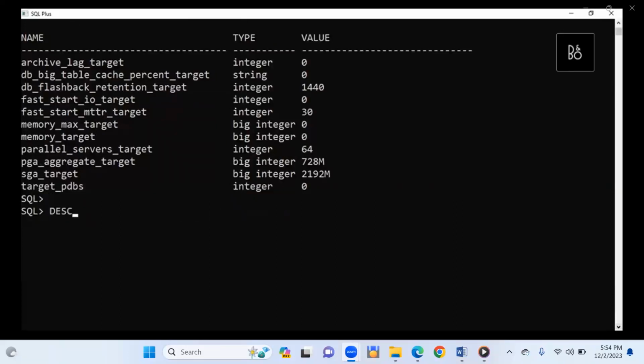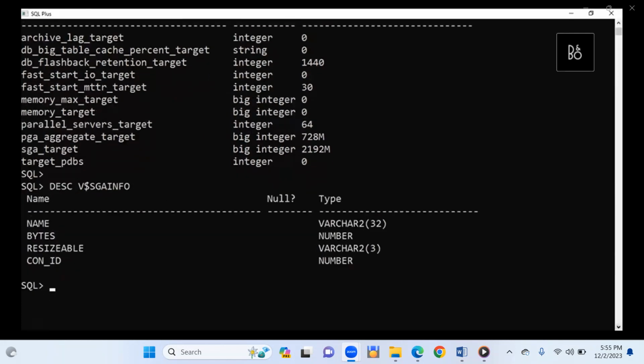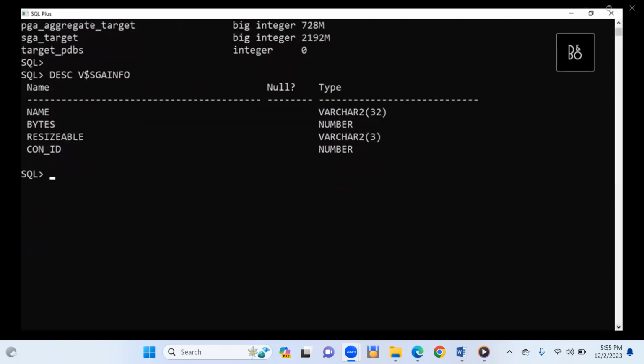Again, we also have this dynamic performance view, which is actually called V$SGAINFO. If you press enter, you can see that we have these columns.